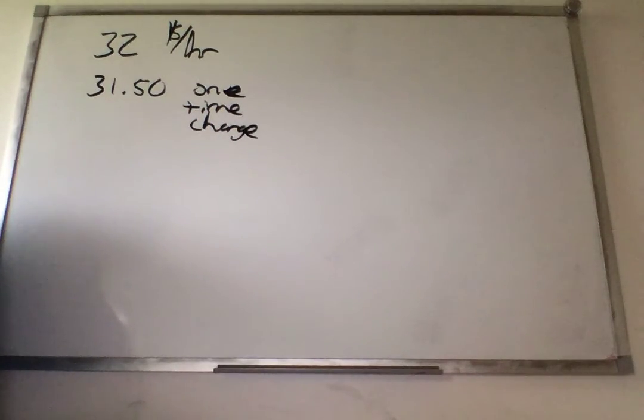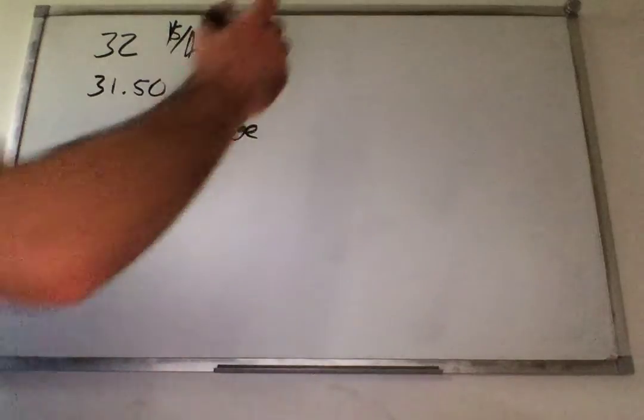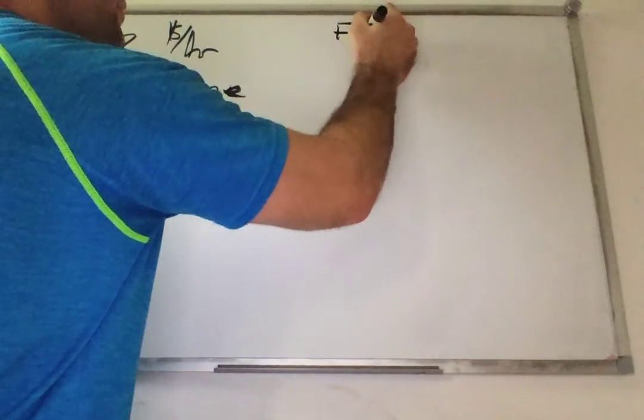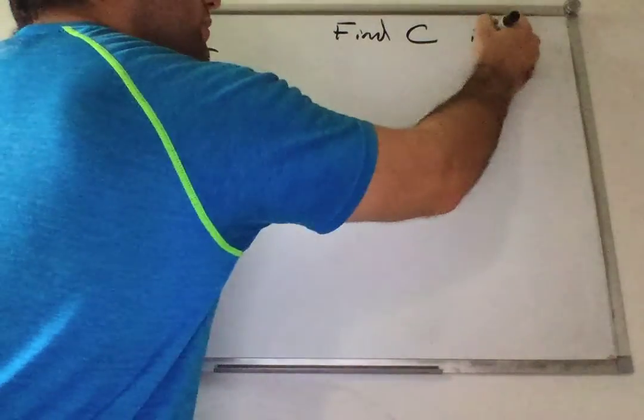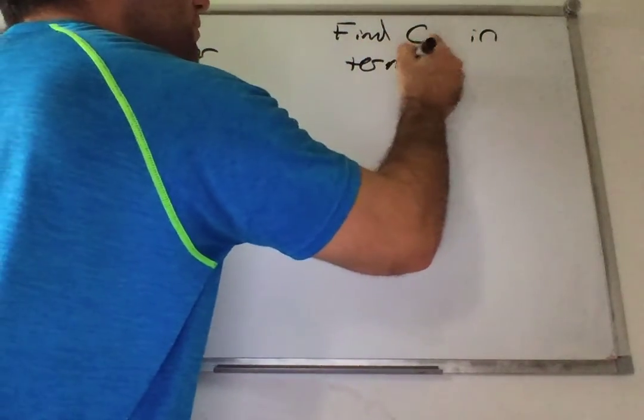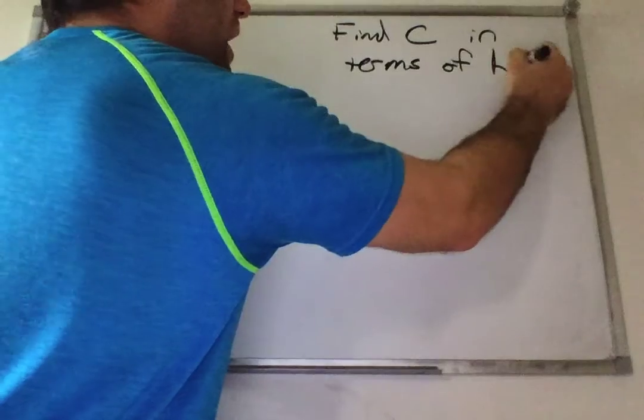The total cost to a customer depends on the number of hours it takes to complete the job. Find the equation that expresses the total cost in terms of the number of hours required to complete the job. So what it wants us to do is find the cost. We could label it C in terms of hours.